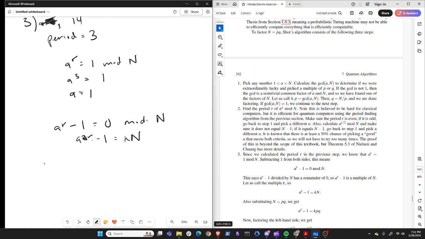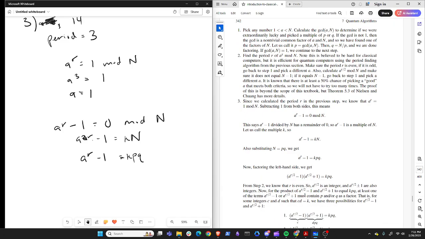And if we substitute in pq for n, it equals kpq. We can factor this into (a^(r/2) minus 1)(a^(r/2) plus 1) equals kpq.